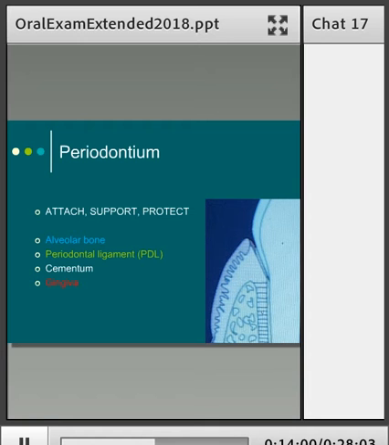It's as good as the body can do. It's not perfect, unfortunately. Also, it's not brilliant at regeneration once it's been damaged.